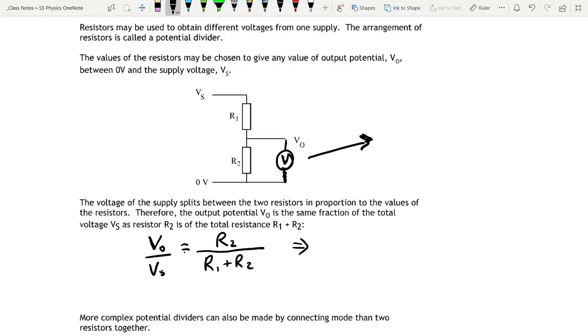But in a more familiar way, we have been writing the potential divider equation like this. That's where you're more used to looking, but that's just a rearrangement of what I wrote earlier.